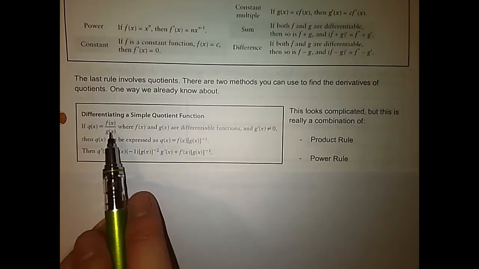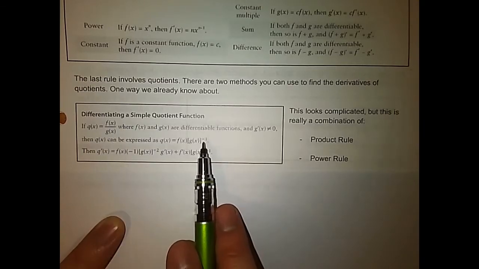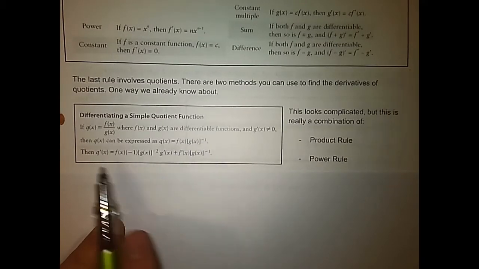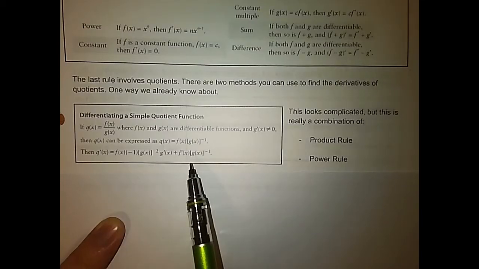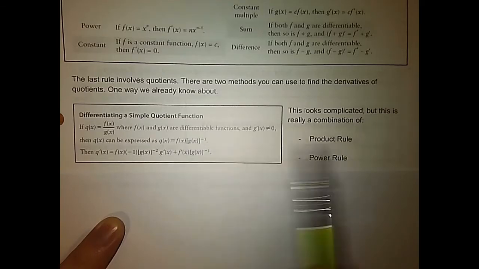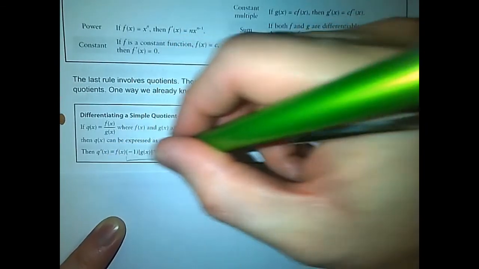We're just going to move the denominator to the numerator and change the exponent to -1. If I set it like this, then I can find the derivative like this, which looks very confusing. But all this really is, is using the product rule, and then the power rule here as well. This part pretty much is the power rule.